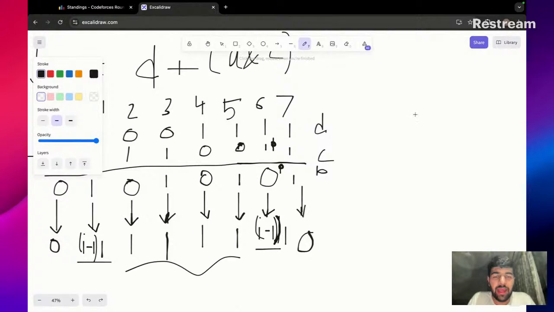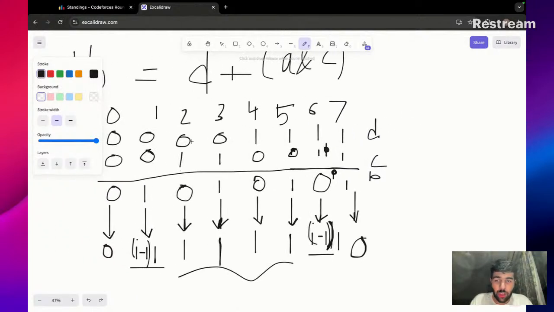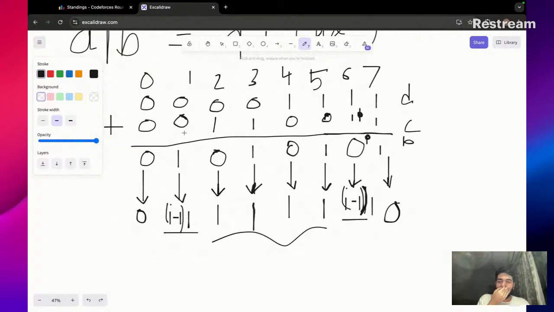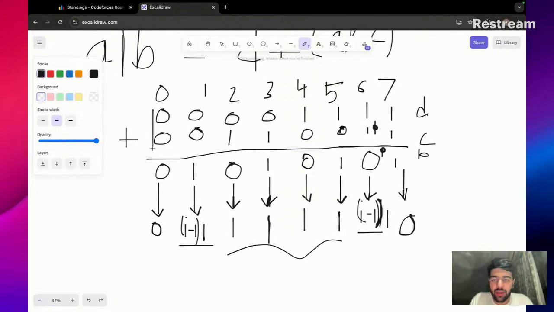So what he's saying is that if you just observe it here also, right? I want my bit to be this on A to get the value here.